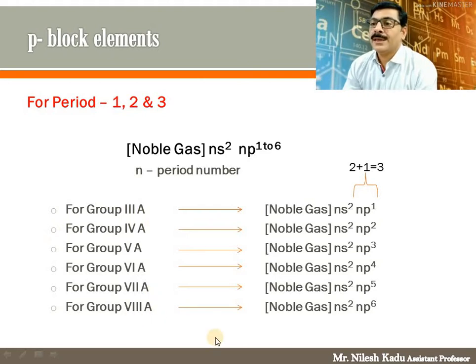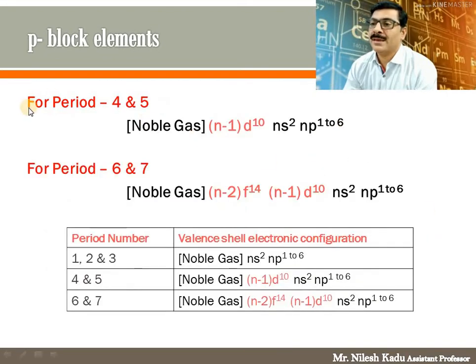Thus, the general valence shell electronic configuration for period numbers 1, 2 and 3 is noble gas ns2 np1 to 6. Then for period numbers 4th and 5th, the general valence shell electronic configuration is: first the noble gas, then (n-1)d10, and then ns2 np1 to 6.